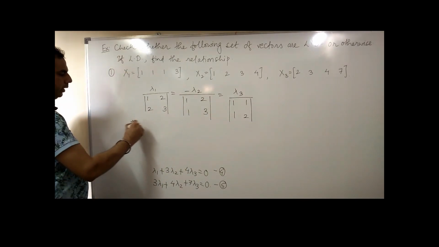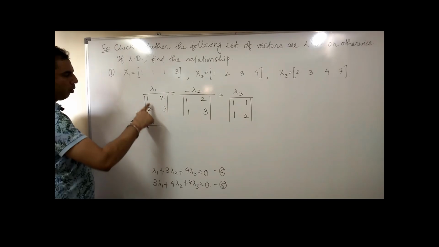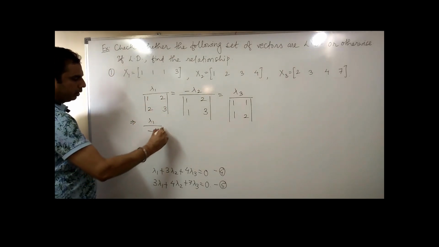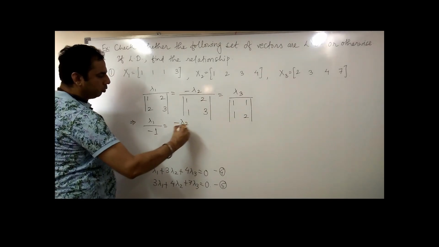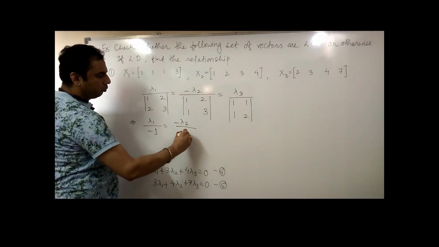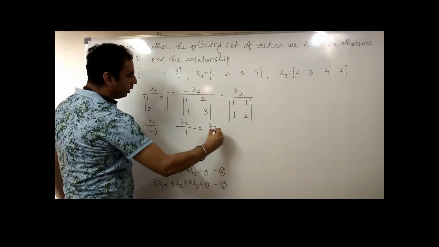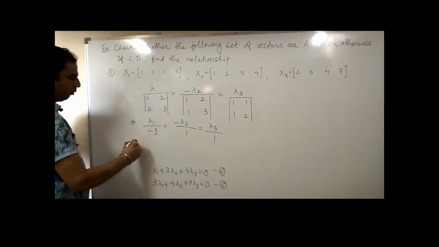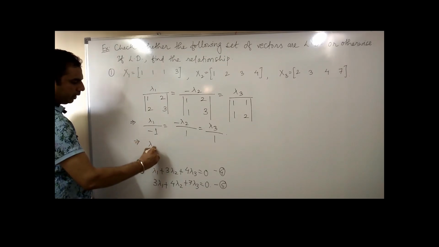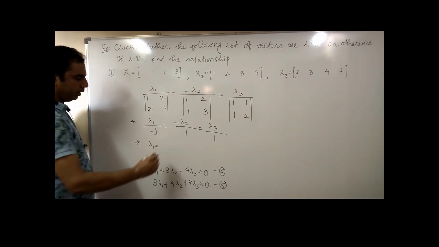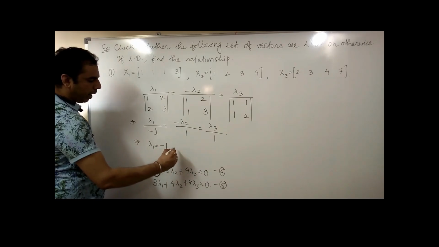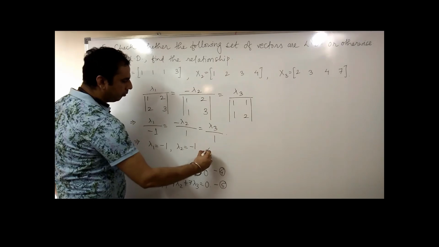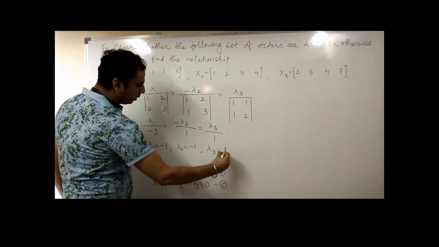So what we are getting here is lambda 1 upon 3 minus 4, minus 1, is equal to minus lambda 2 upon 3 minus 2, 1, is equal to lambda 3 upon 2 minus 1, 1. So from this we can write lambda 1 is equal to minus 1, lambda 2 is equal to minus 1 again, and lambda 3 is equal to plus 1.